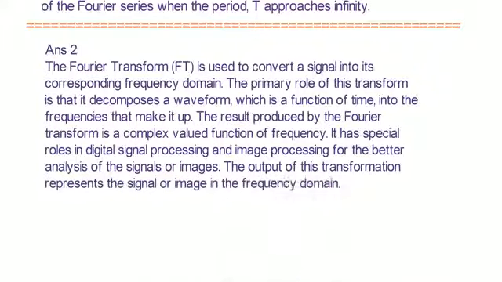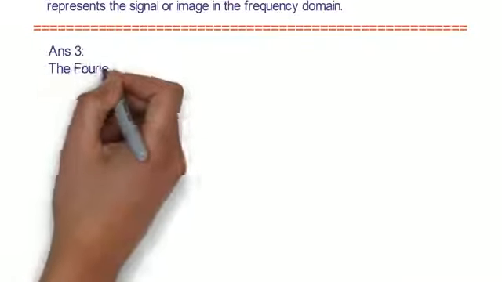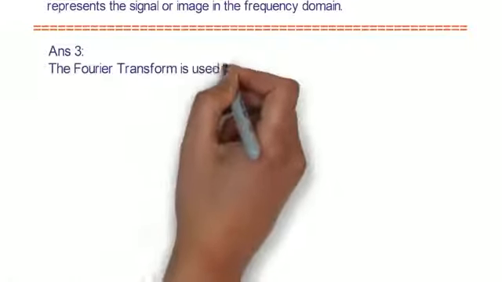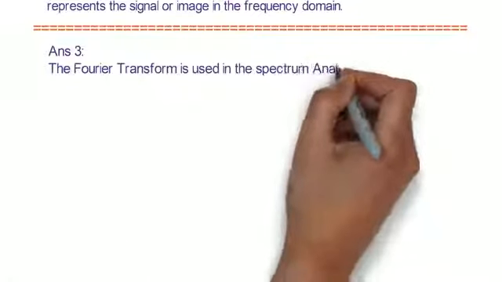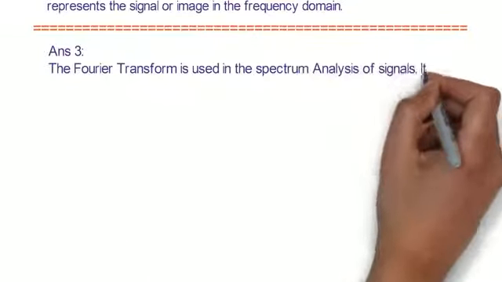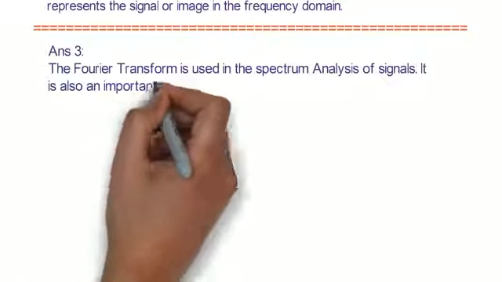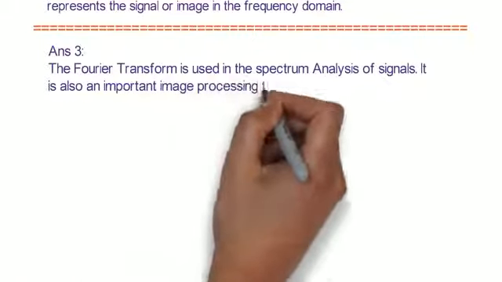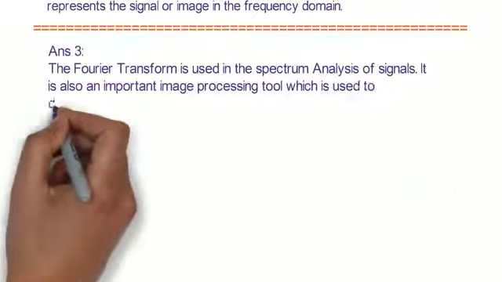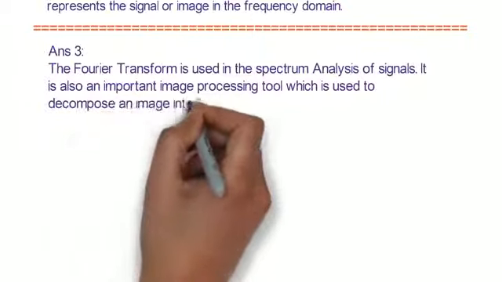Now we will study third question, how it is applied in systems. The Fourier transform is used in the spectrum analysis of signals. It is also an important image processing tool which is used to decompose an image into its sine and cosine components.